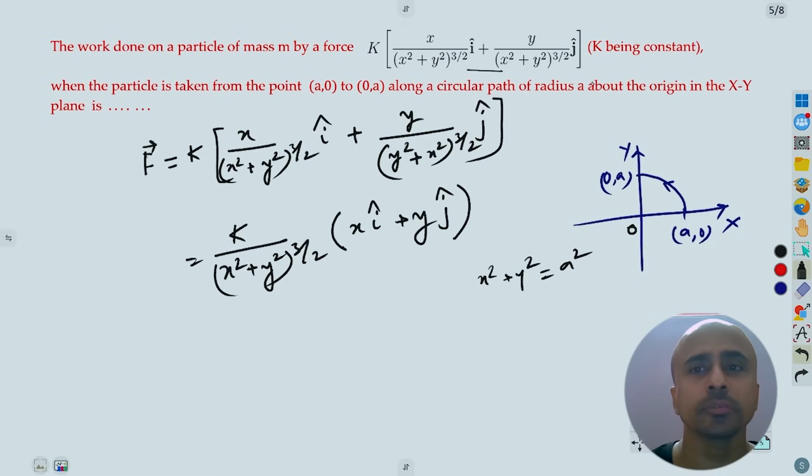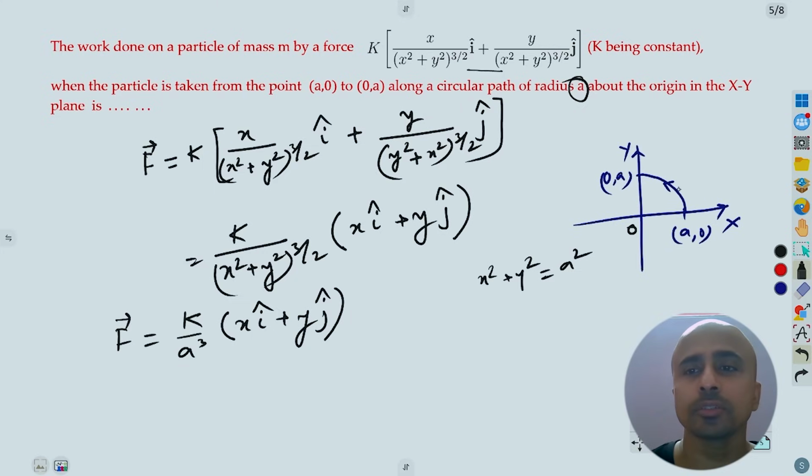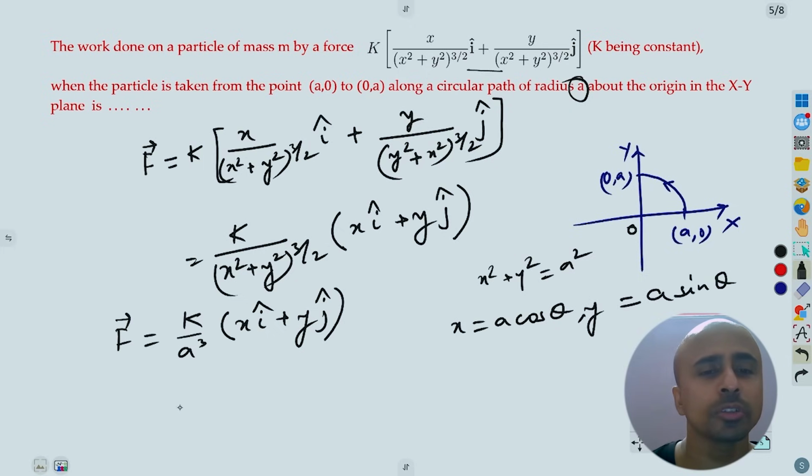Because the radius is given as a, x square plus y square is constant, so we can write our force vector in this way: k by a cube, x I cap plus y j cap. And since x, y is on the circular path, converting it into parametric form, x equals a cos theta, y equals a sin theta. So this will further reduce to k by a square, cos theta I cap plus sin theta j cap.